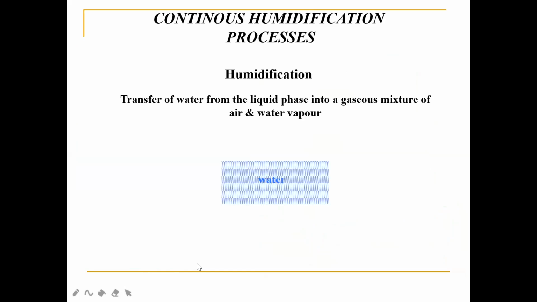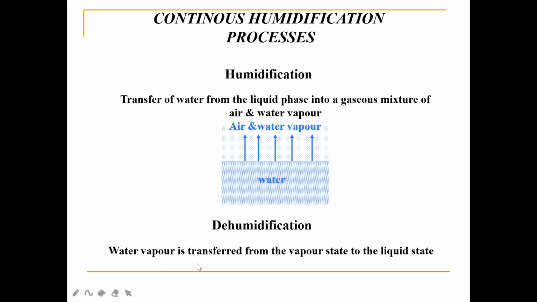So this is the process that I explained to you earlier, and how you get the humidification process happening. In the process of humidification, there is a transfer of water from the liquid phase into a gaseous mixture of air and water vapor up here. The water will be transferred into the space above its surface, which is occupied by air and water vapor.